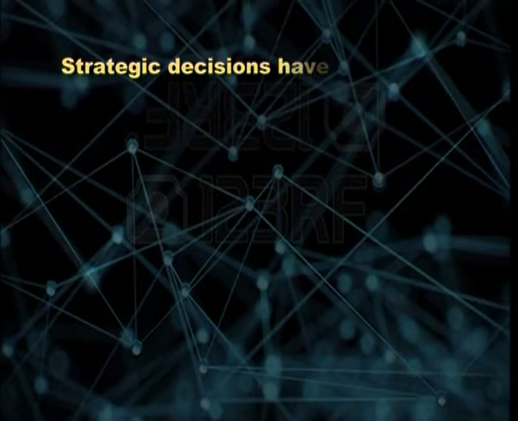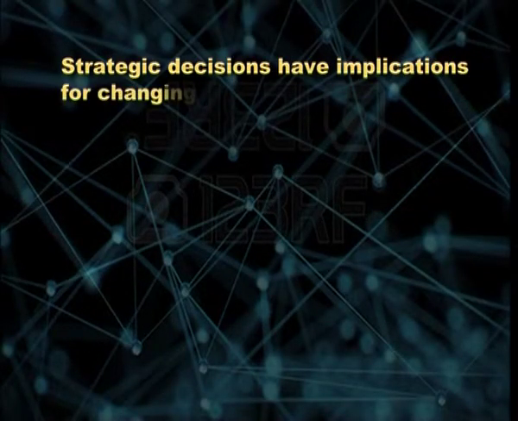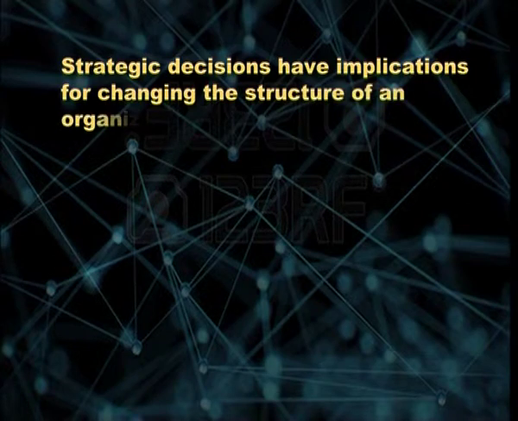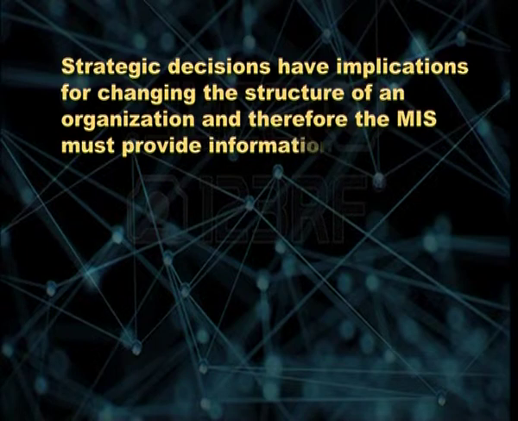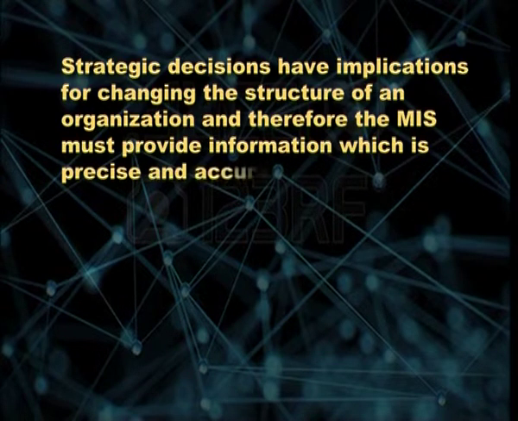Strategic decisions have implications for changing the structure of an organization, and therefore the MIS must provide information which is precise and accurate. Control decisions deal with broad policy issues, and operational decisions concern the management of the organization's marketing mix.